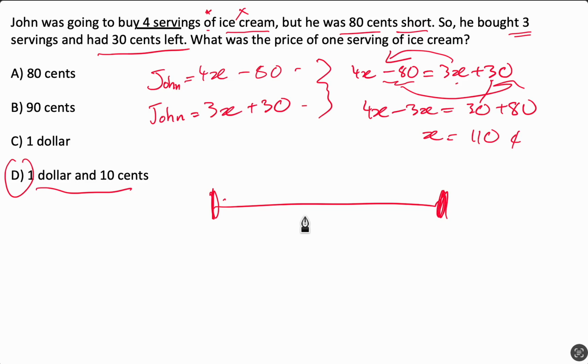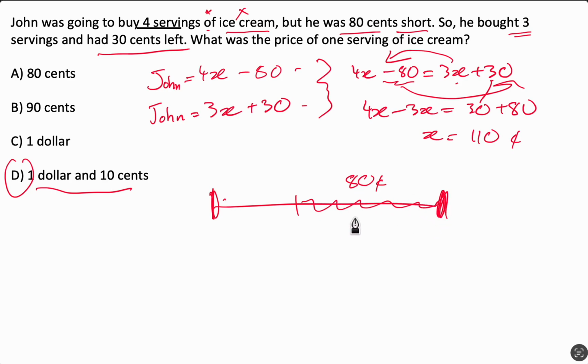So if he was going to buy this 1 extra ice cream, what's going to happen? He's short, right? Somewhere in here, if he gets this one, he's short by 80. So this is the place where he's short 80 cents, so he does not have enough to cover the price for this portion of an ice cream.